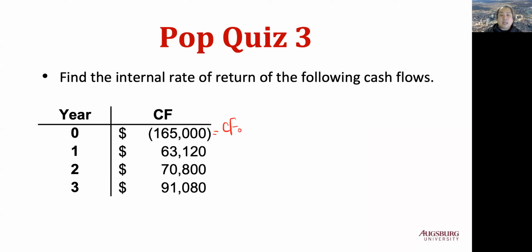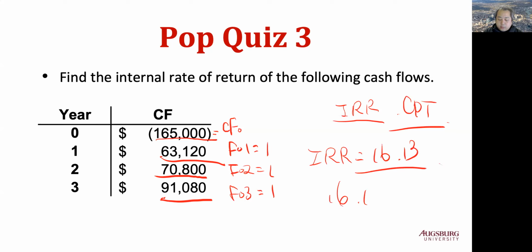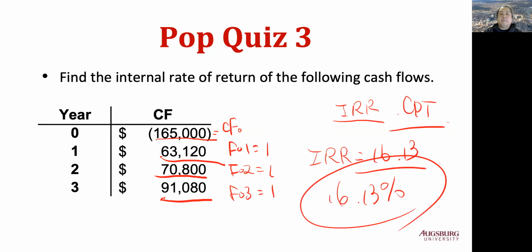CF0 equals negative 165,000, C01 63,120, F01 1, C02 70,800, F02 equals 1, C03 91,080, F03 equals 1, press IRR and press CPT, IRR equals 16.13%.